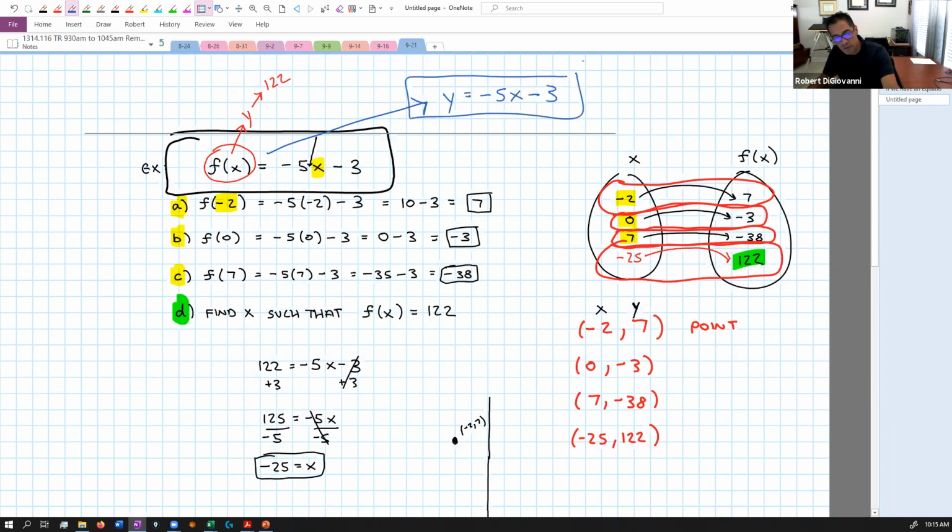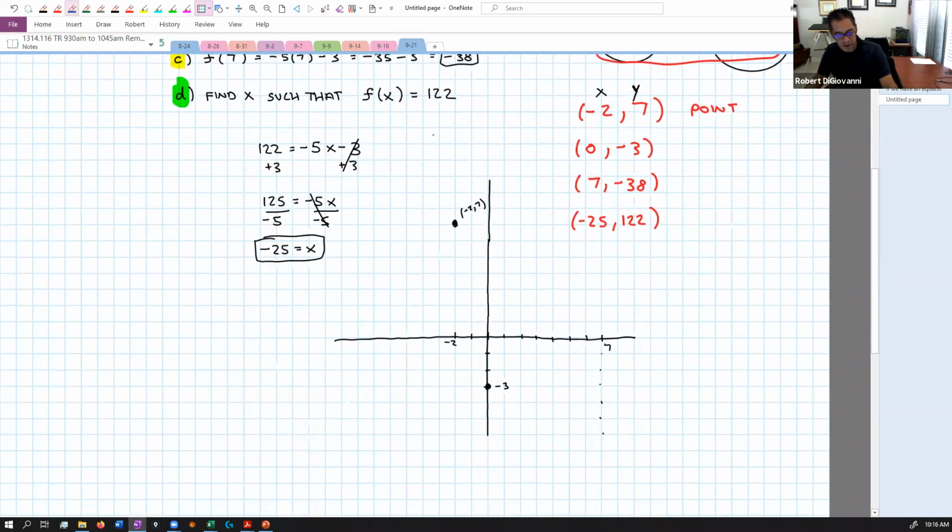And then everyone here hopefully would look at that and go, oh yeah, that's a line, it's in slope-intercept form. The y-intercept is negative 3 and it has a slope of negative 5. Does that make sense? So we know that if we connected these together, we would have a straight line. For this function, not all functions are lines, but for this one it is.